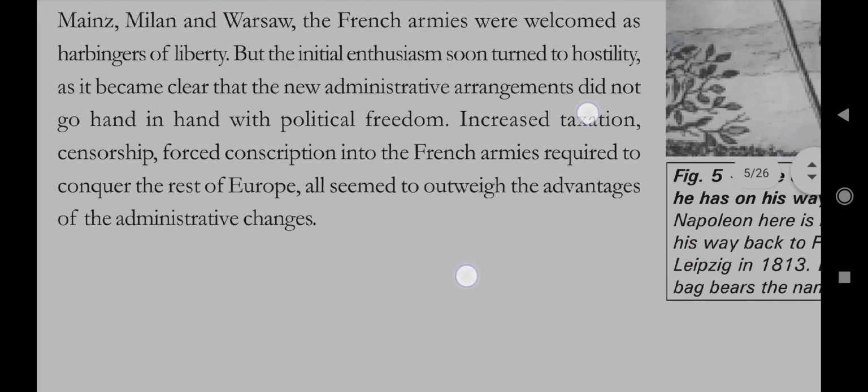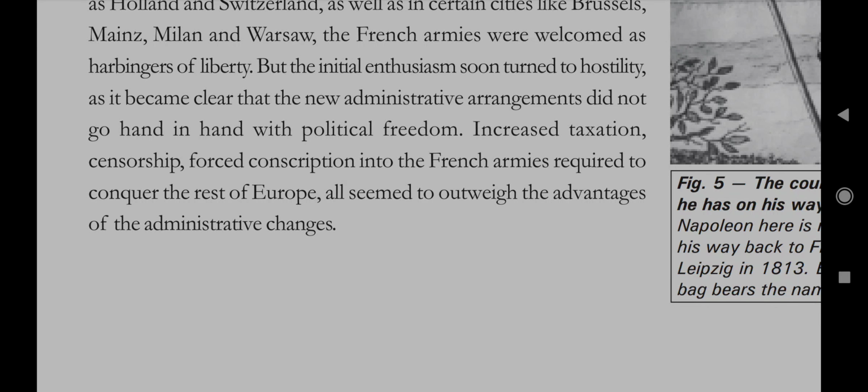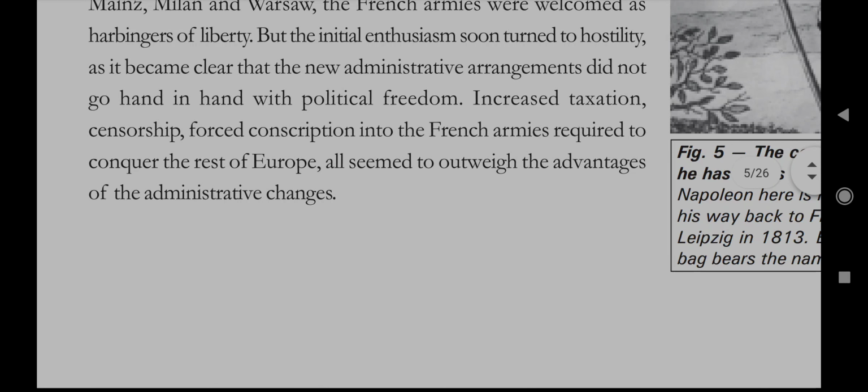So, this can be a 3-mark question. The question can be: how did the harbingers of liberty, the French army, soon turn into objects of hostility? This is the reason: increased taxation, censorship, and forced conscription into the armies. All these seemed to outweigh the advantages of the administrative changes.